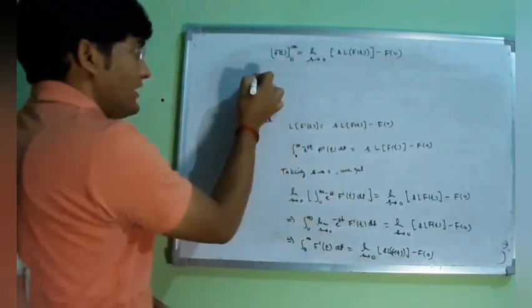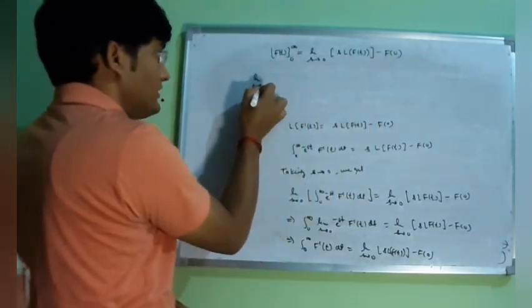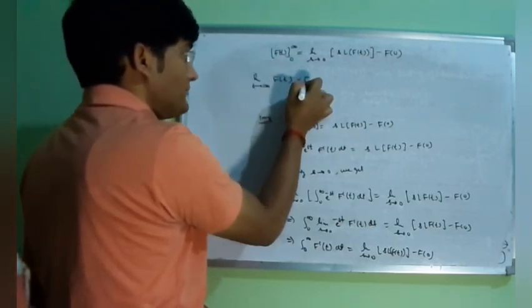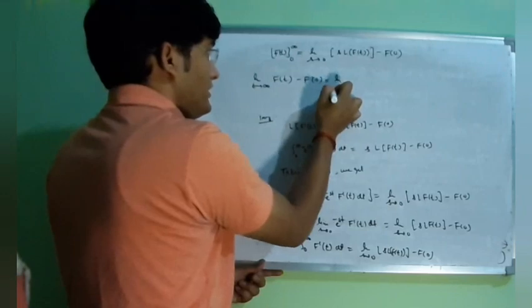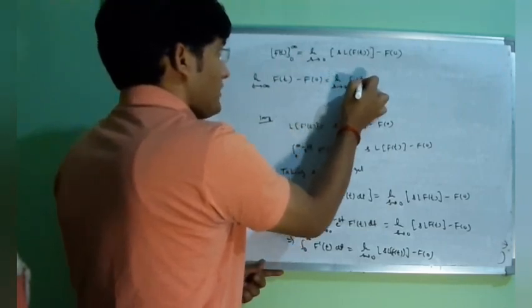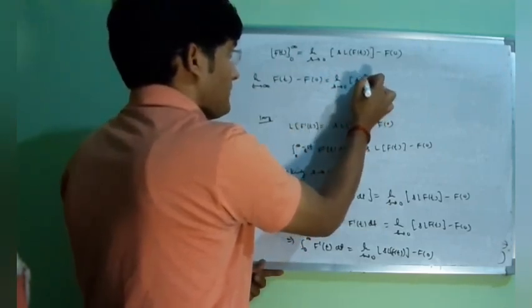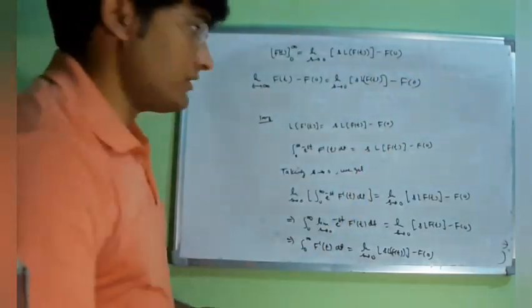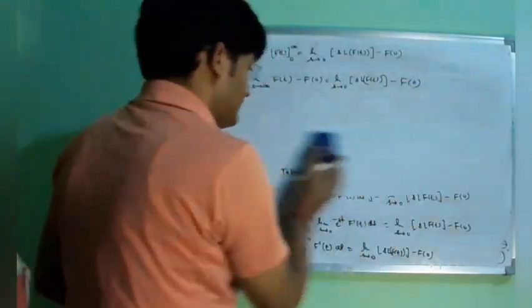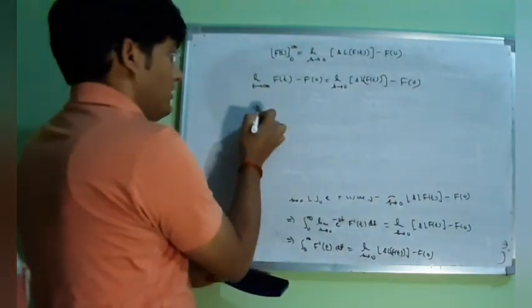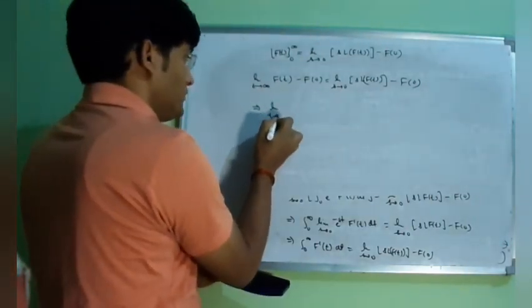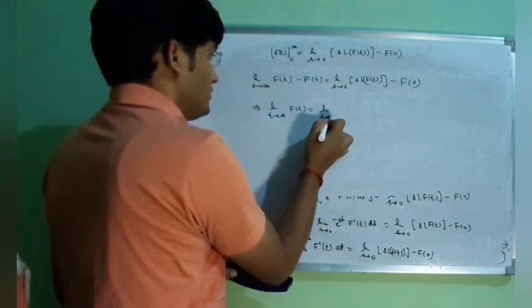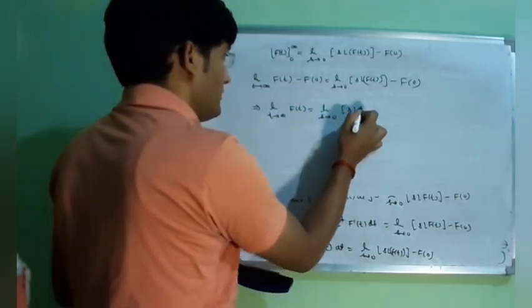So in the left hand side we will have limit t tends to infinity f(t), and for the lower limit we will have minus f(0). Now this f(0) will be cancelled in both sides. So we will have limit t tends to infinity f(t) equal to limit s tends to 0 of s Laplace f(t).